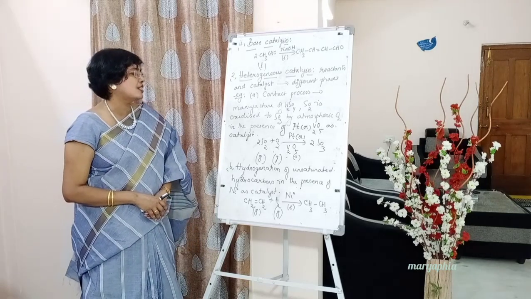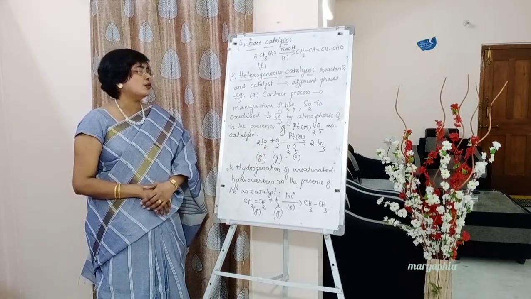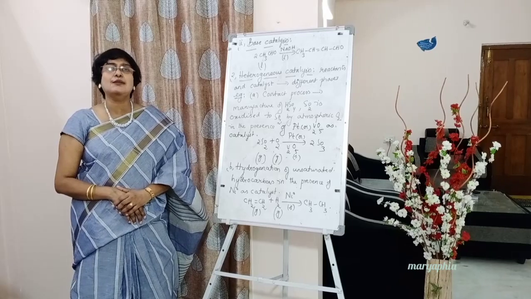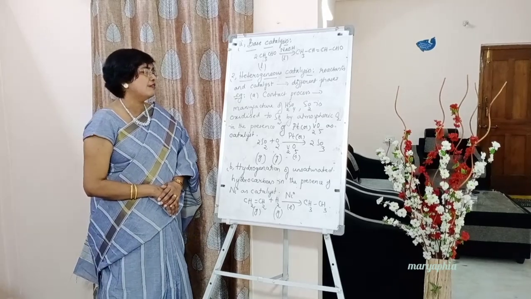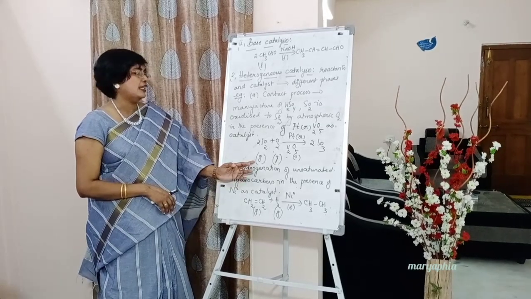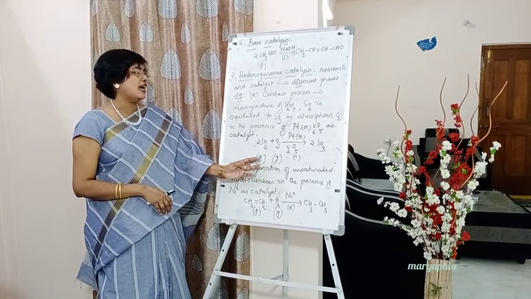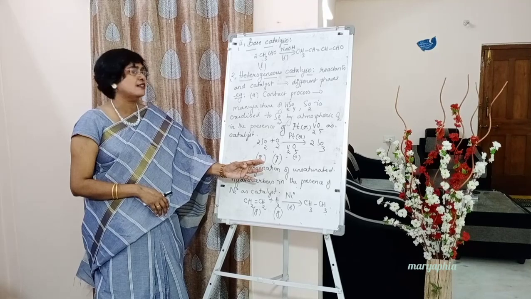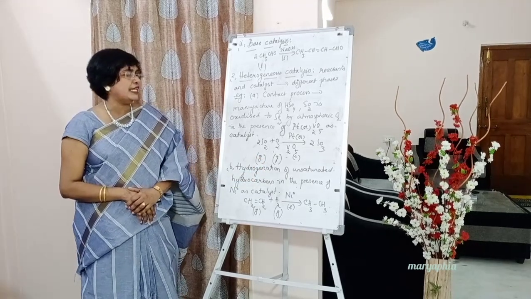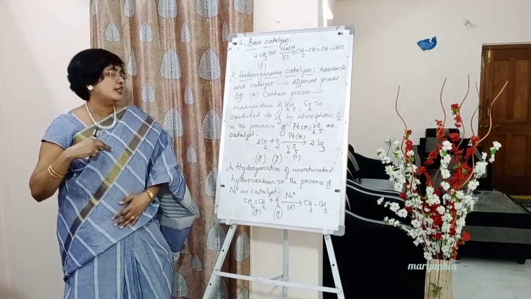So write down the reaction. 2SO2 plus O2 in the presence of platinum or V2O5 gives 2SO3. So kindly write down or mention the phases of SO2 and oxygen as gaseous phases and Pt or vanadium pentoxide in solid phase.